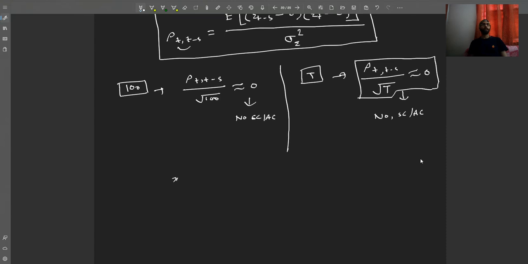So xt is equal to b0, b1 xt minus 1, b2 xt minus 2, b3 xt minus 3, and b4 xt minus 4. So we are using 4 lag variables to describe the variable itself.